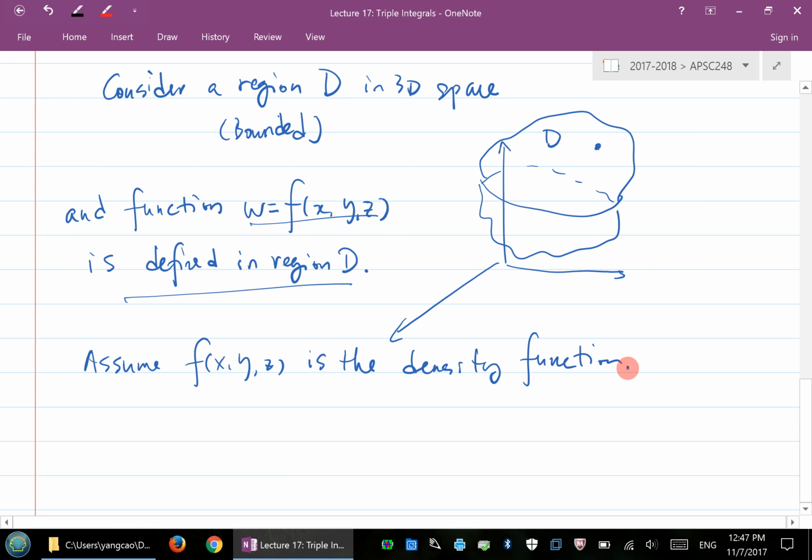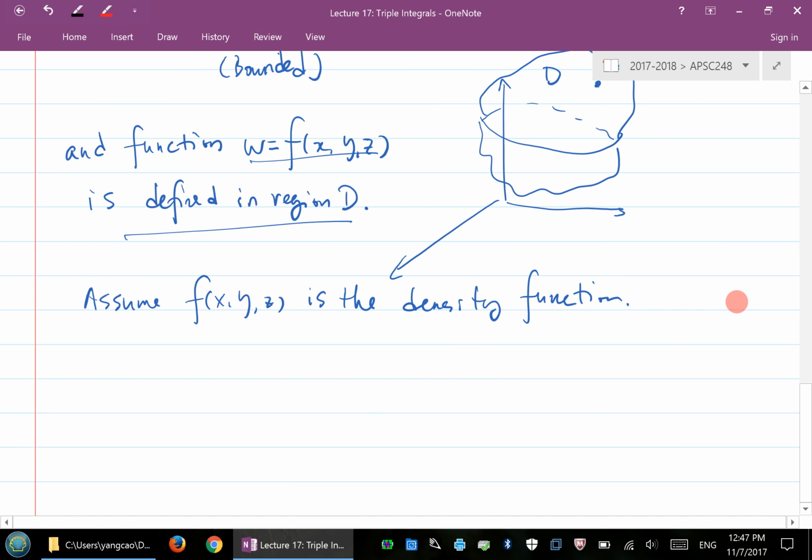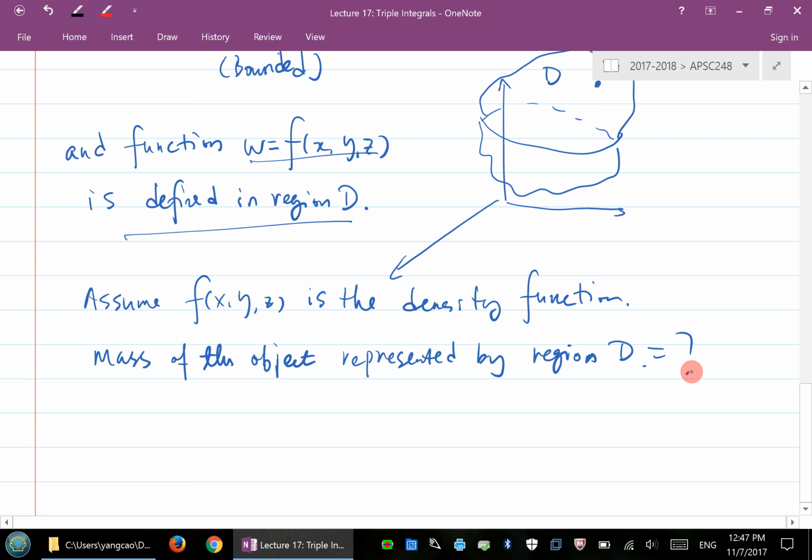What is the mass of this solid object represented by the region D? So the question is, what's the mass of the object? That's one application for the triple integral, which will lead us to this triple integral.